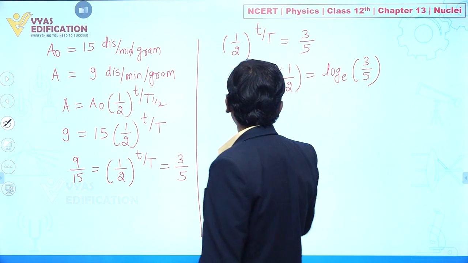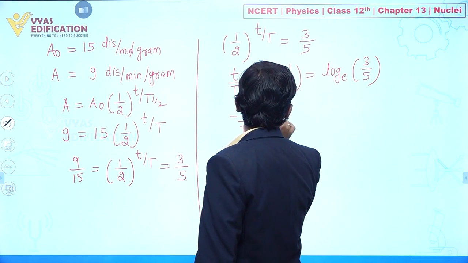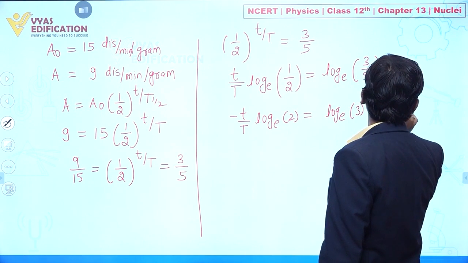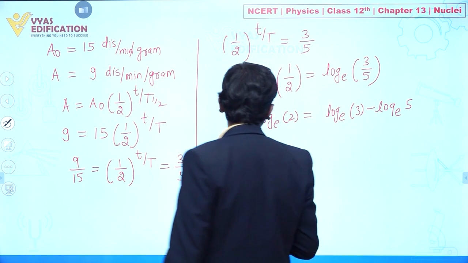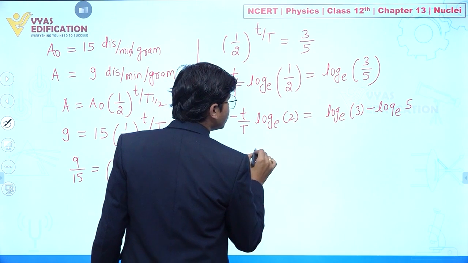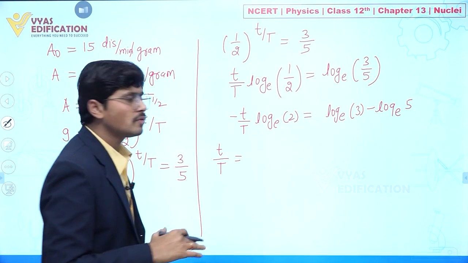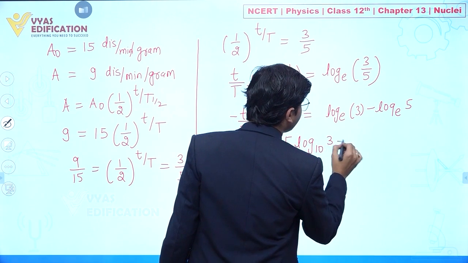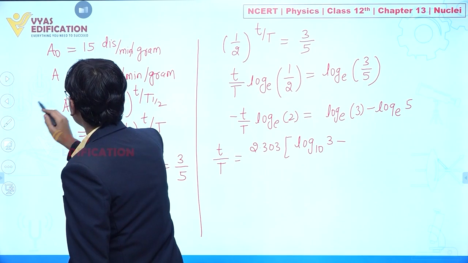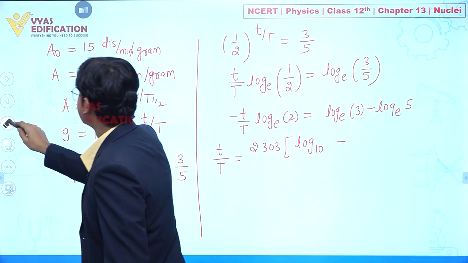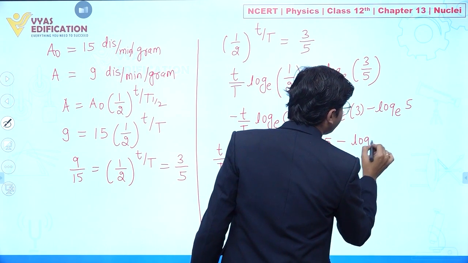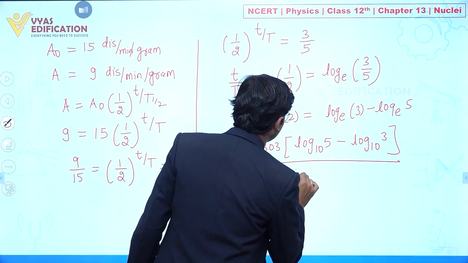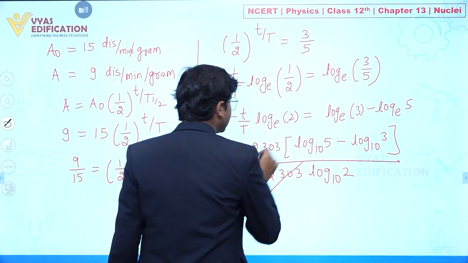So minus T by capital T log base e 2 equals log base e 3 minus log base e 5. So T by capital T equals, converting into base 10 with the factor 2.303, log base 10 of 5 minus log base 10 of 3, since we are also multiplying with the minus, divided by 2.303 log base 10 of 2. This 2.303 and this one cancel out.